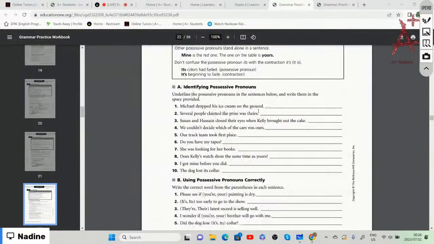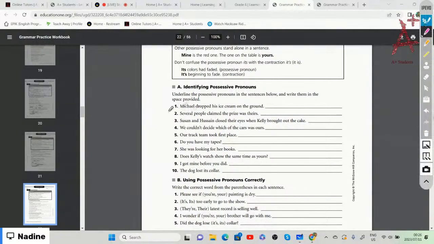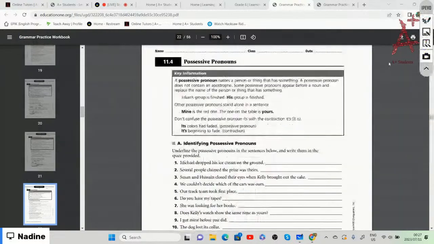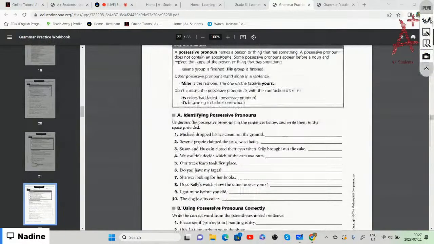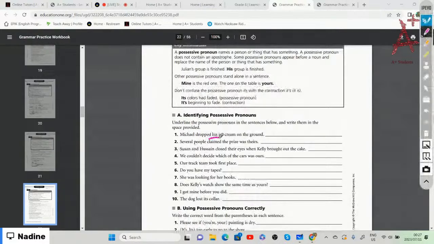We need to underline the possessive pronoun. The possessive pronoun within the sentence replaces the name Michael, so we can say it's his. Michael dropped his on the ground.